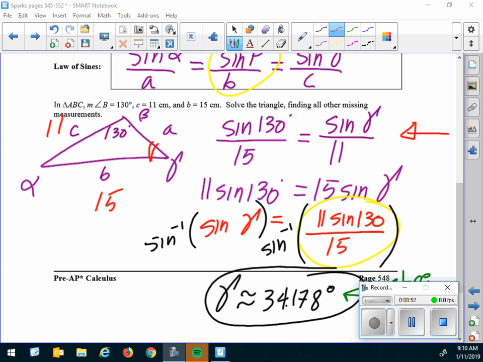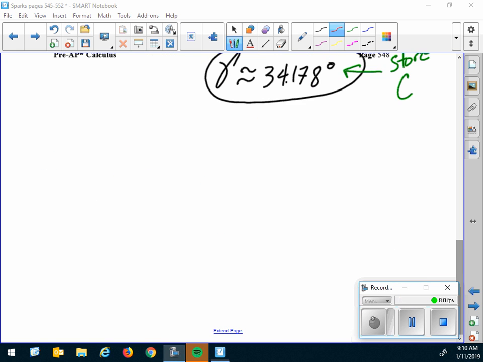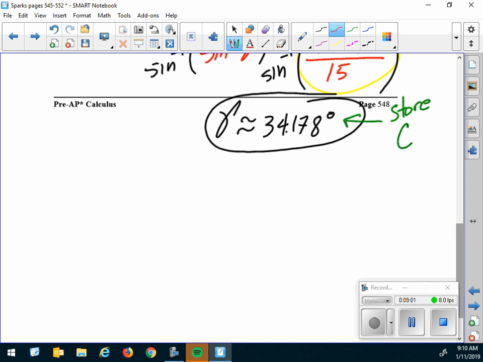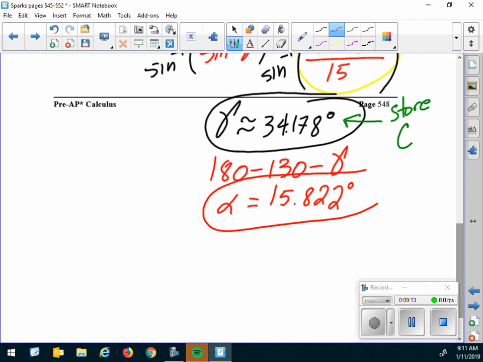Yeah. 180 minus 130 minus gamma will give me alpha. So we did 180 minus 130 minus gamma. So we got alpha is 15.822 degrees. I'm going to tell you to store everything.